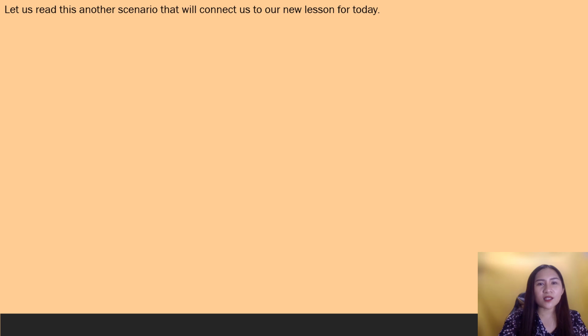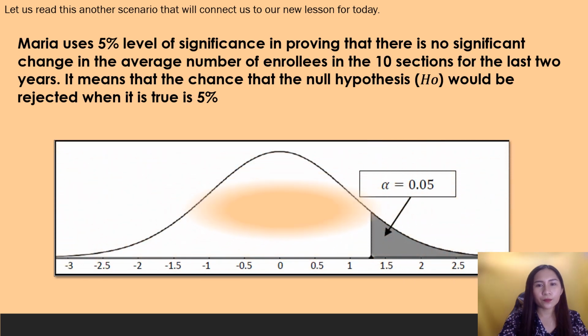Now let us read this another scenario that will connect us to our lesson for today. Now, Maria uses 5% level of significance in proving that there is no significant change in the average number of enrollees in the 10 sections for the last 2 years.